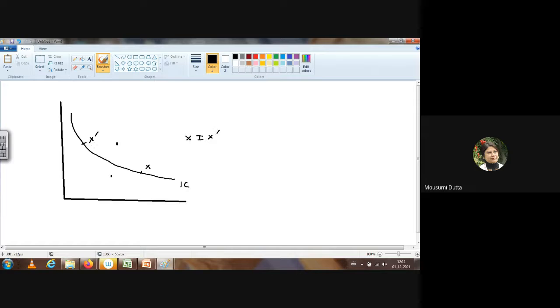That is, if I measure x1 here and x2 here, this amount of x1 and x2, the combinations.